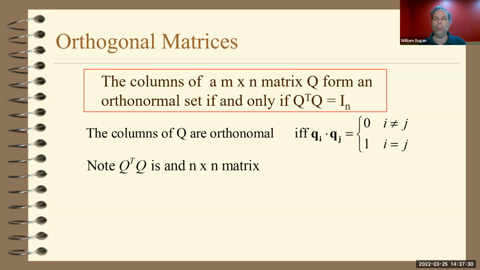But notice that Q transpose times Q has to be an n by n matrix, because Q is an m by n matrix, so by normal matrix multiplication it must be n by n.